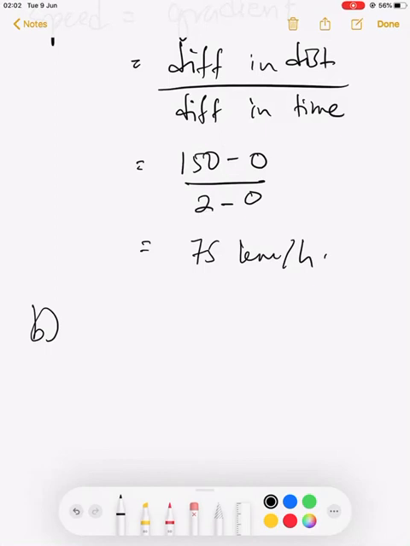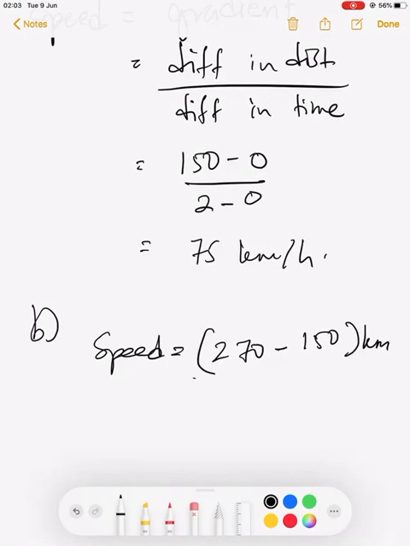The last 90 minutes, we have another straight line going up from 3 hour to 4.5 hour. So the speed equals, for the distance first, the final distance 270 minus the initial at 3, 150, in kilometer, over 4.5 minus 3, of course.